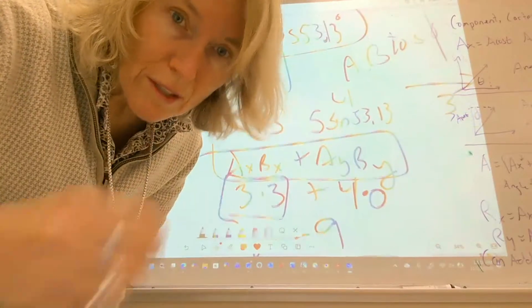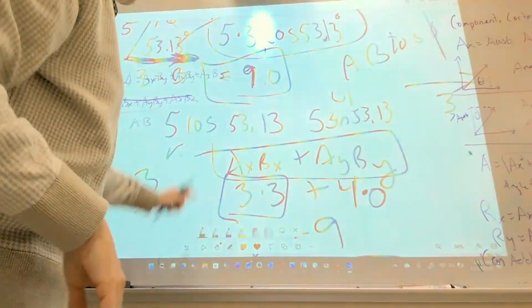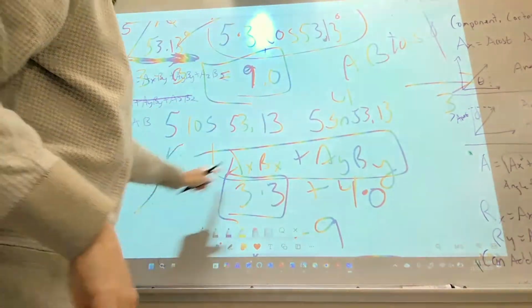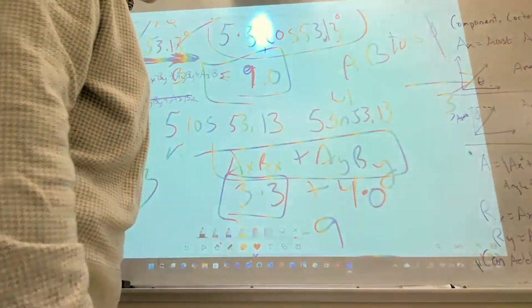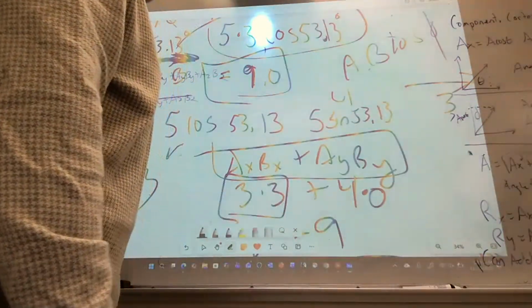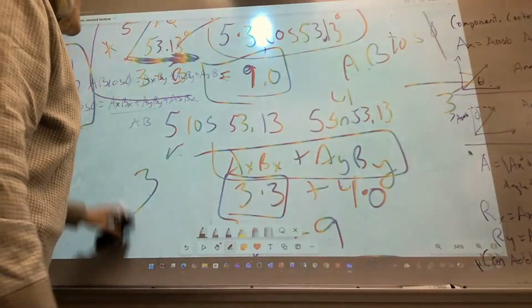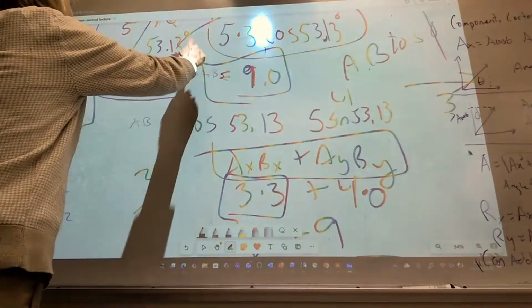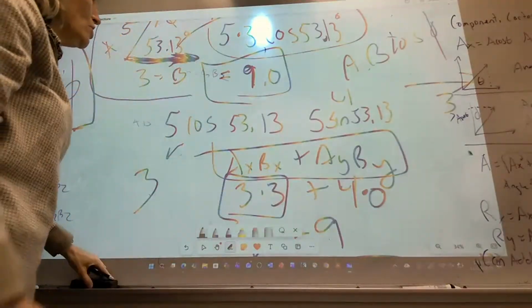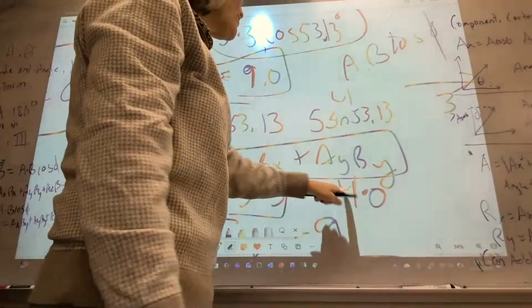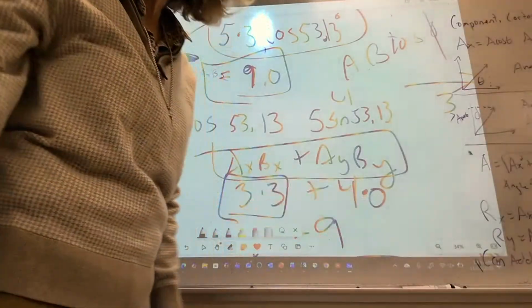So you get 3, 5 cosine 53.13 is 3, 5 sine 53.13 is 4. So we have the ax times the bx. For this horizontal one, your x is 3, your y is 0. So we have 3 times 3 plus 4 times 0. In each case, we get 9.